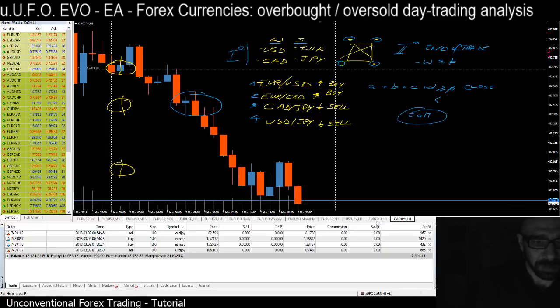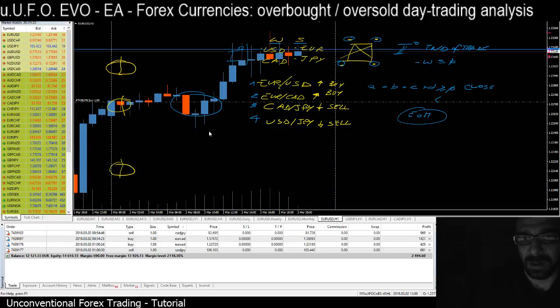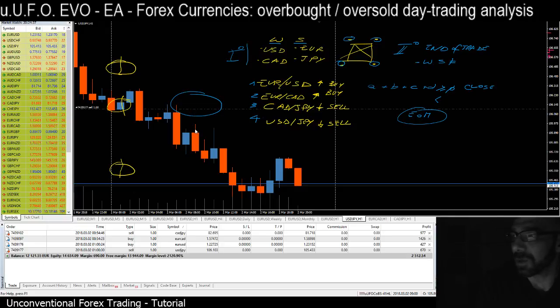So, just to be fair, showing you that even in a situation of quite the only moment of retracement of euro dollar at this price level, USD yen was providing me a profit.